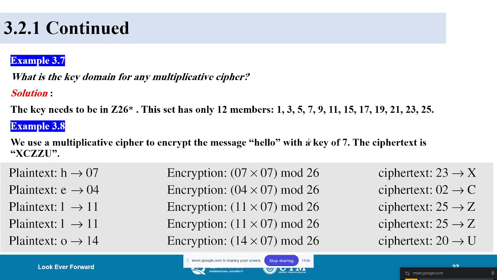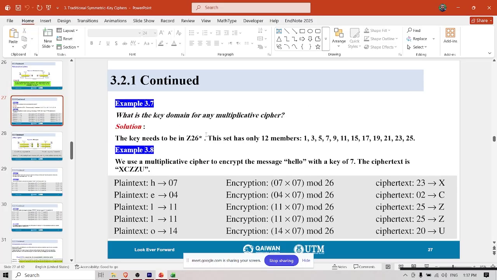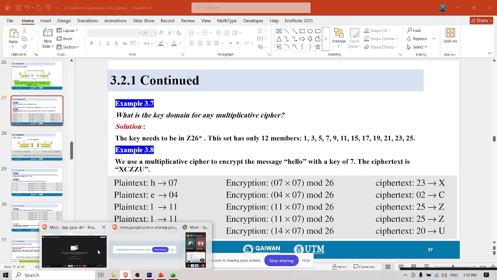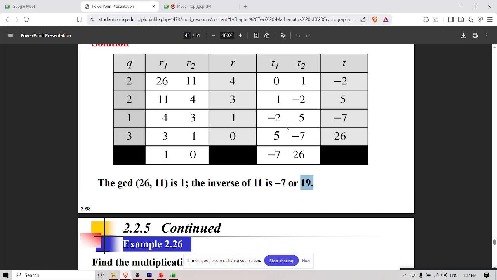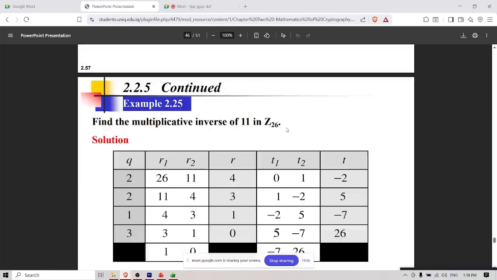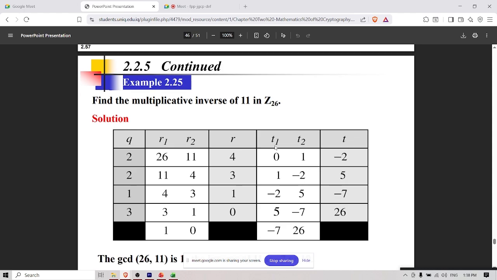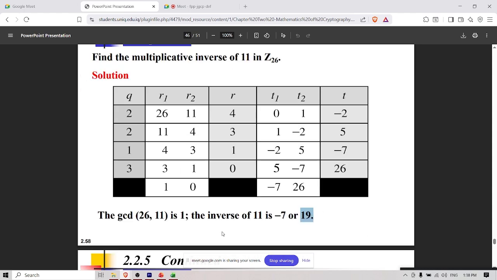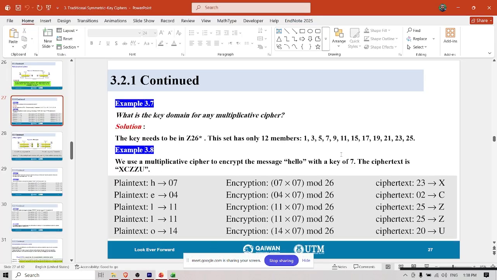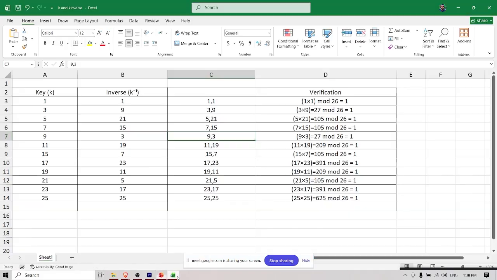multiplicative inverse of any number, I highly suggest that anyone who wants to know the multiplicative inverse of a number rewatch the video of chapter 2 on the multiplicative inverse of 11 in Z26. You see here it says 19. And if we look at the Excel sheet, we have 11, 19.